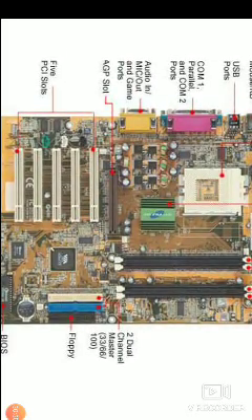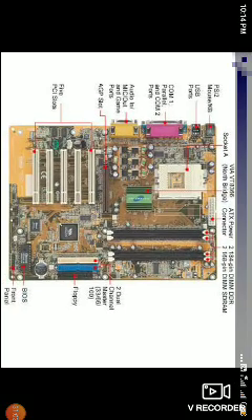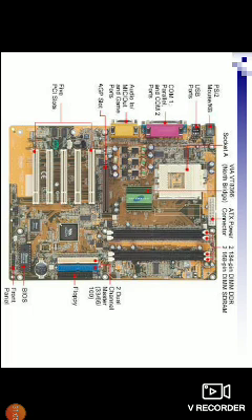So in this one we have identified three types of slots. First one is AGP slot, PCI slots, and RAM slots. In socket A we insert the processor. In the motherboard we identify two bridges, that is south bridge and north bridge.